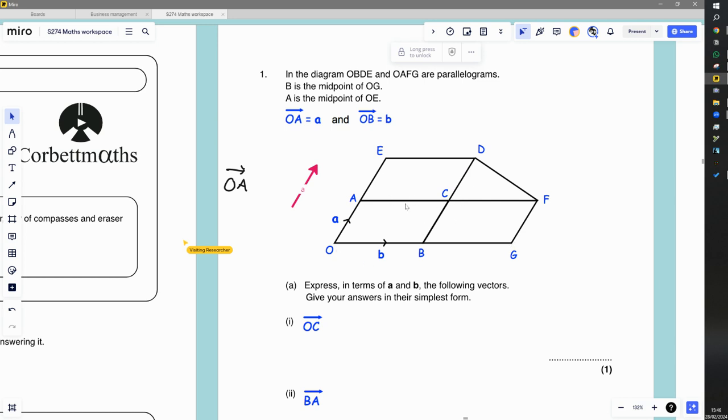So that is a vector, and O to B is also a vector named B. So let's identify that as well.